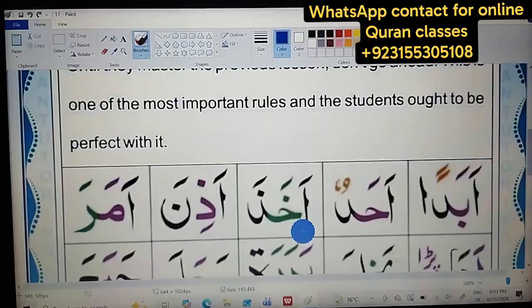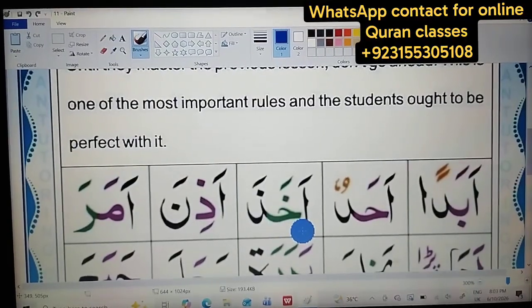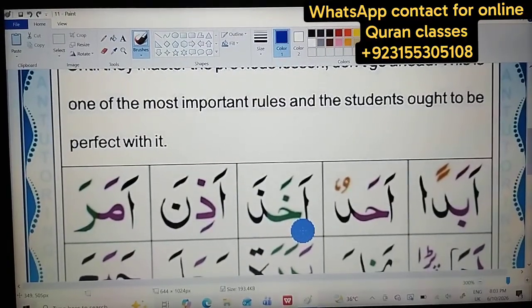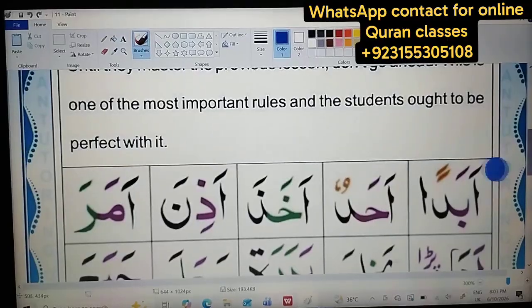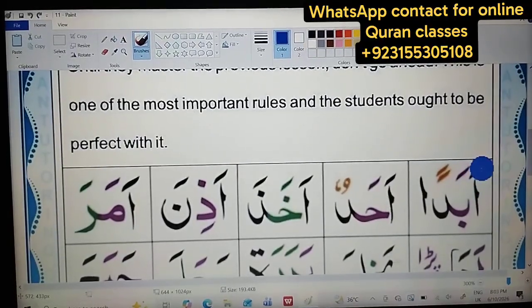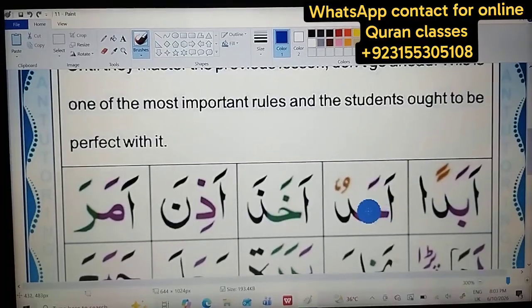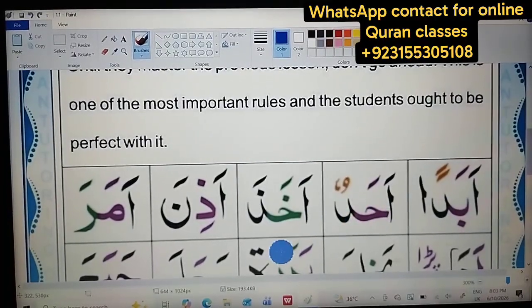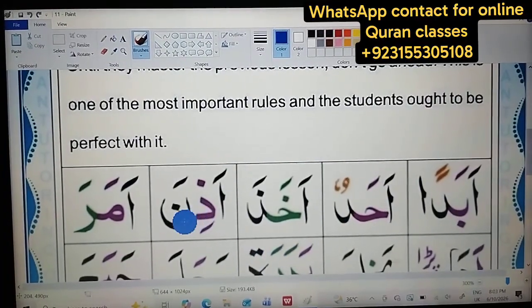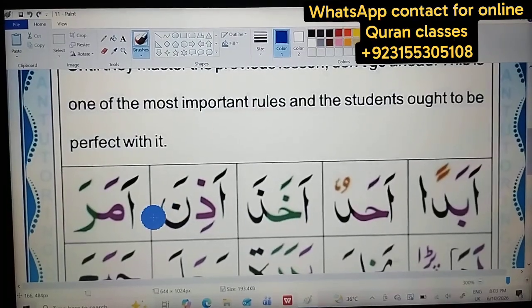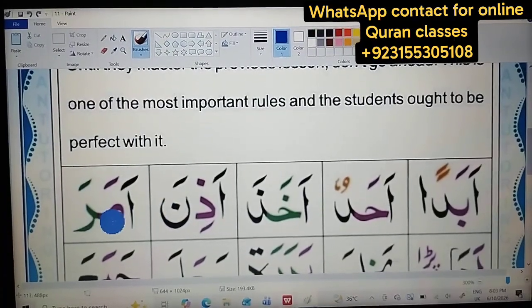Now we read without spelling using the method of waqf. If we stop on these words, we read them like this: abada, ahad, akhadh, adhin, amar.